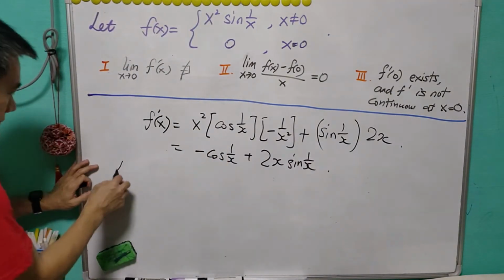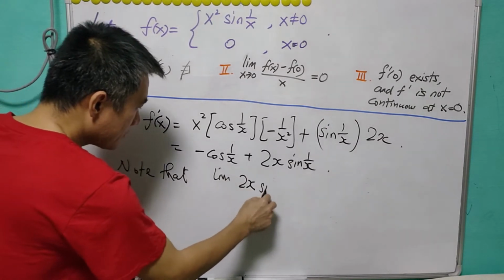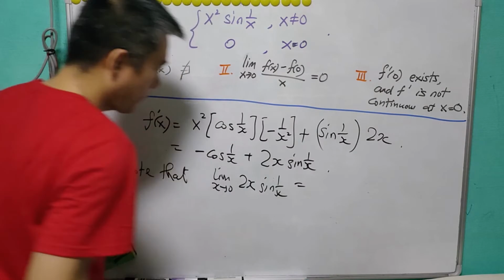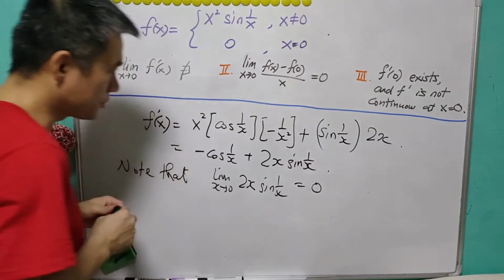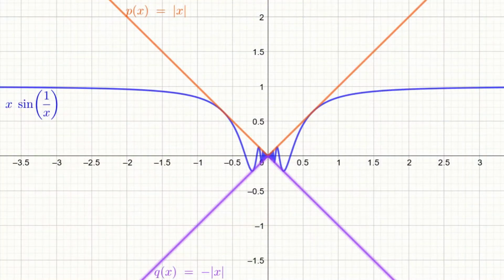Note that the limit of 2x sine 1 over x when x goes to 0 is equal to 0 because of the squeeze theorem. x sine 1 over x is always in between negative modulus x and modulus x.